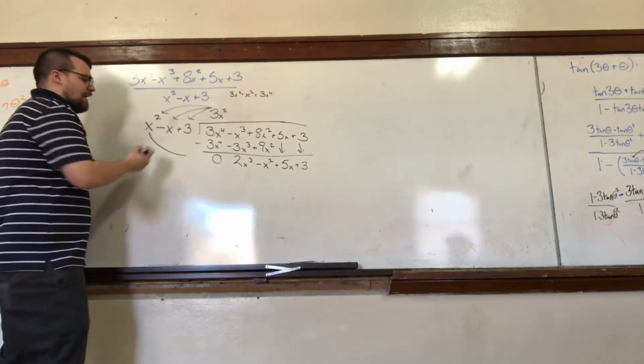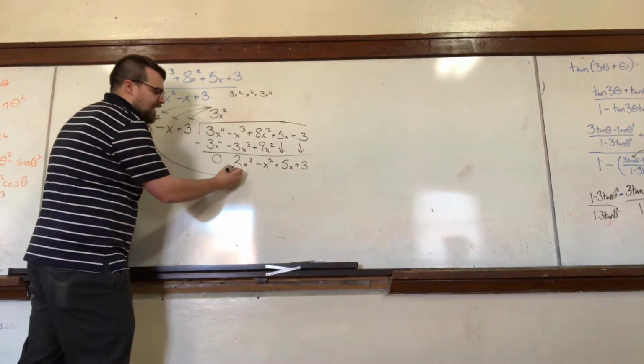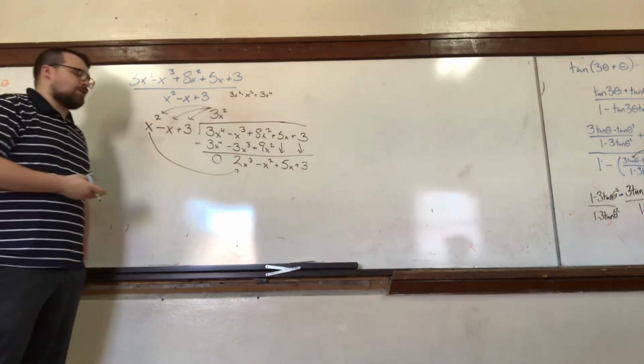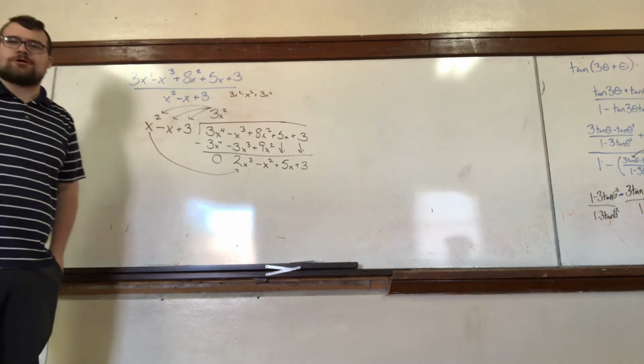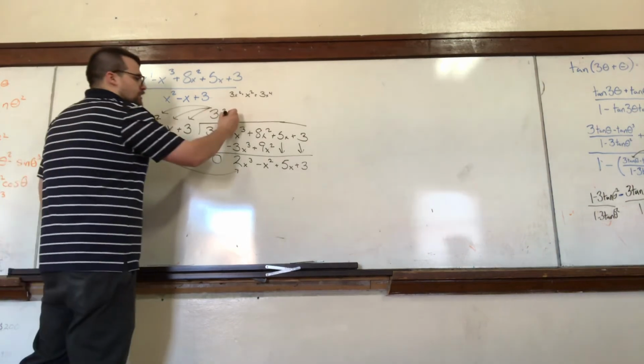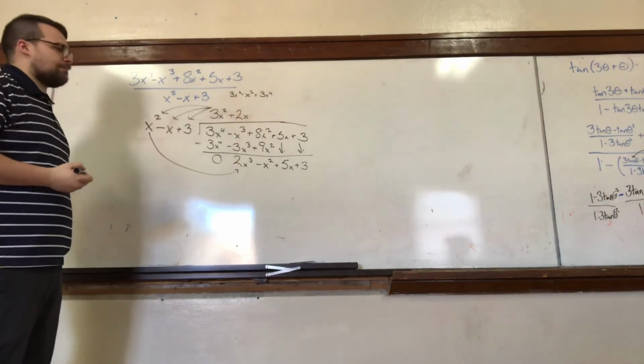Now we ask ourselves again, how do we make this first term, this x squared, match our first term underneath the division bar? So how do we make x squared match 2x to the third? We multiply by 2x. That's all there is. So I'm going to put a positive 2x up here, just like I put my 3x squared up there.